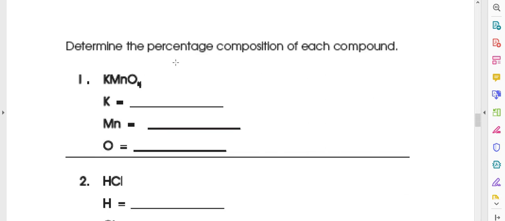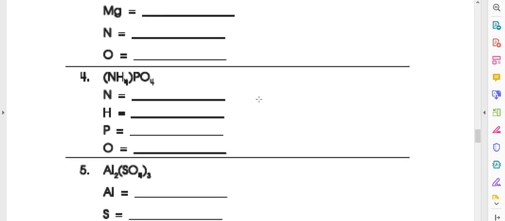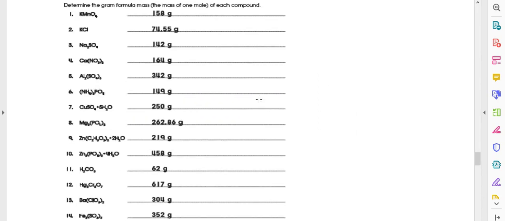Determine the percentage composition. So here I've got potassium, manganese, and oxygen. You have to find the molar mass of this. So it would be the molar mass of potassium divided by the total molar mass of the compound times 100. Bang. And you've got all the answers here.